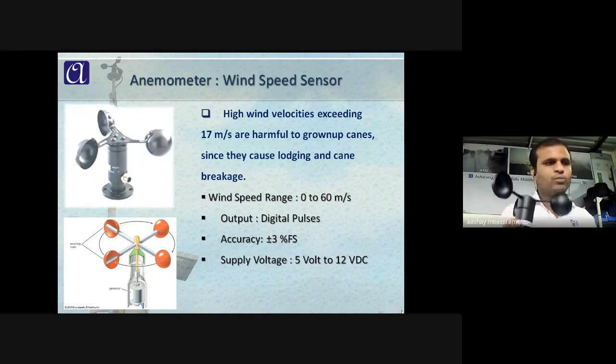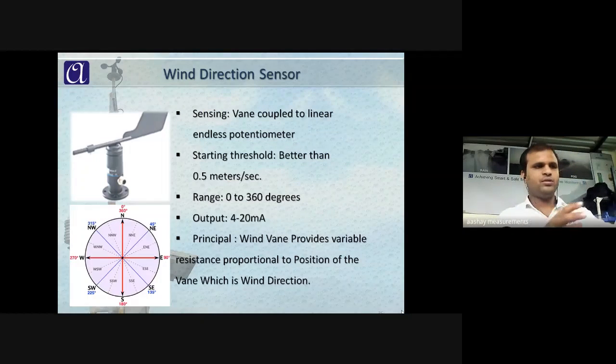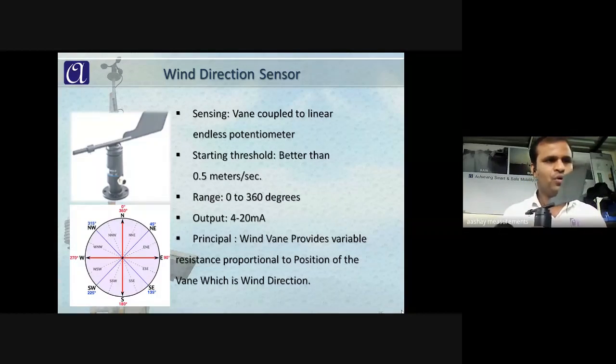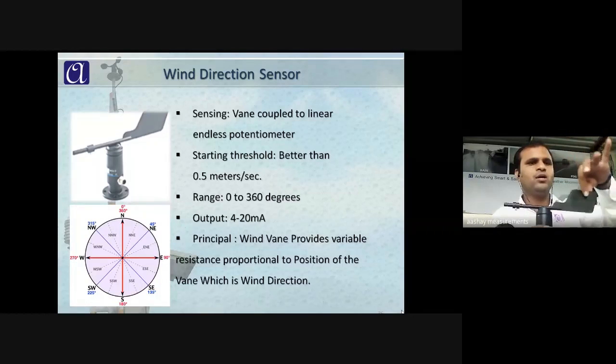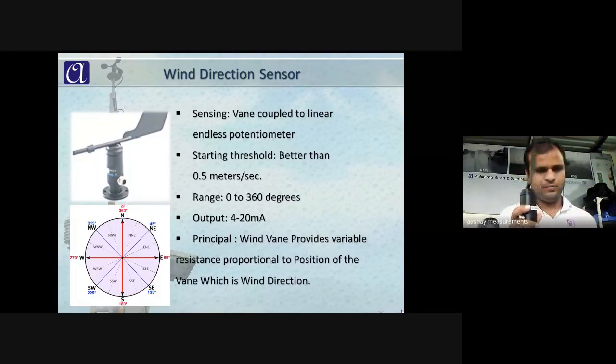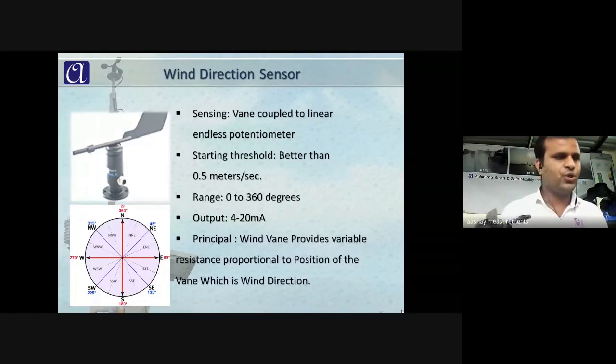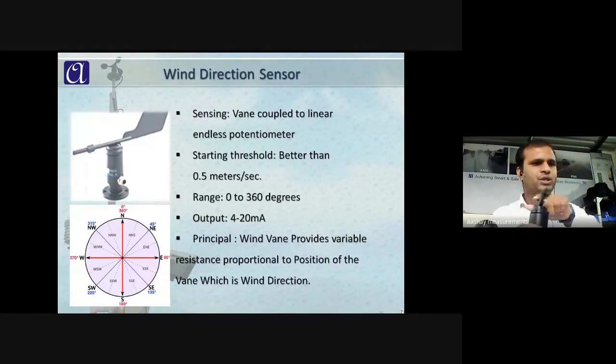And the accuracy of this sensor is 3%. The next sensor, if you see, is the wind direction sensor. We call it a wind vane. This moves as per the wind direction. The range is 0 to 360 degrees. The accuracy is 3%.